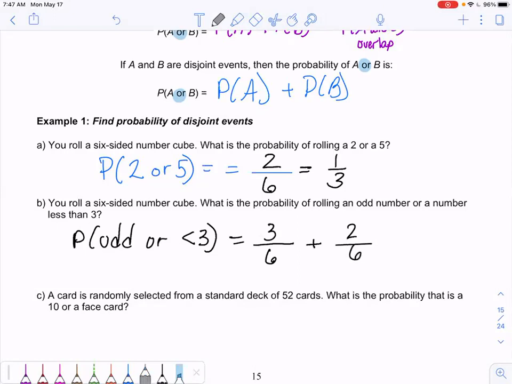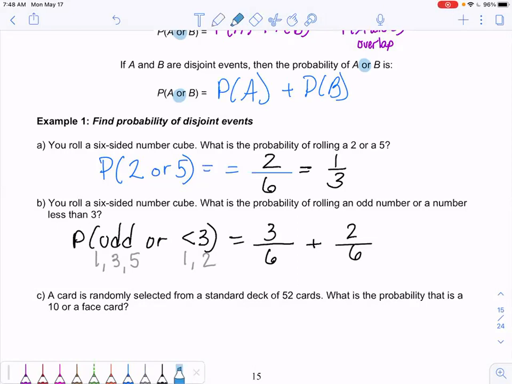So I'm taking the odd numbers, which are 1, 3, and 5. Those are the odd numbers. The numbers less than 3 are 1 and 2. So I have 3 out of 6 and I have 2 out of 6.